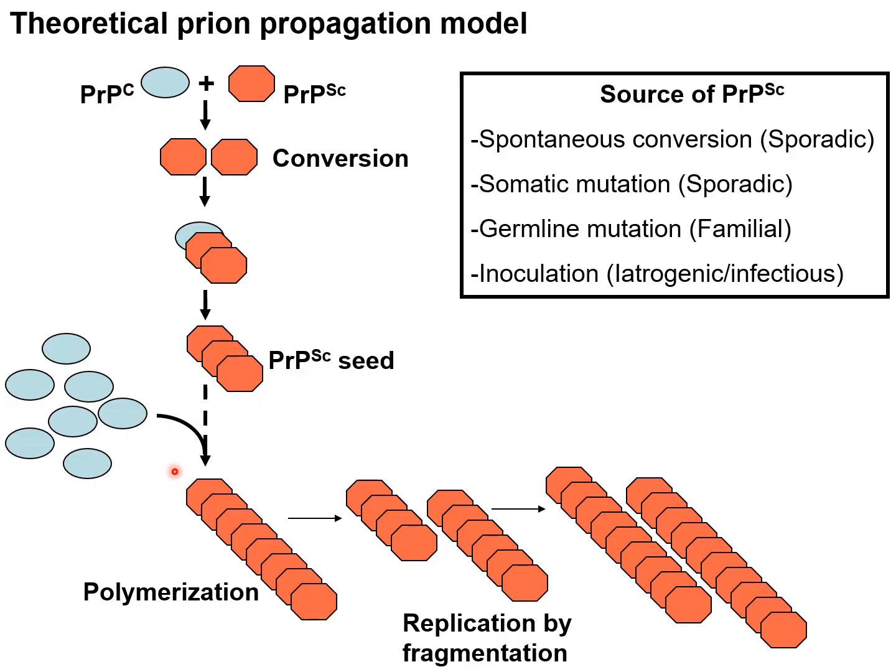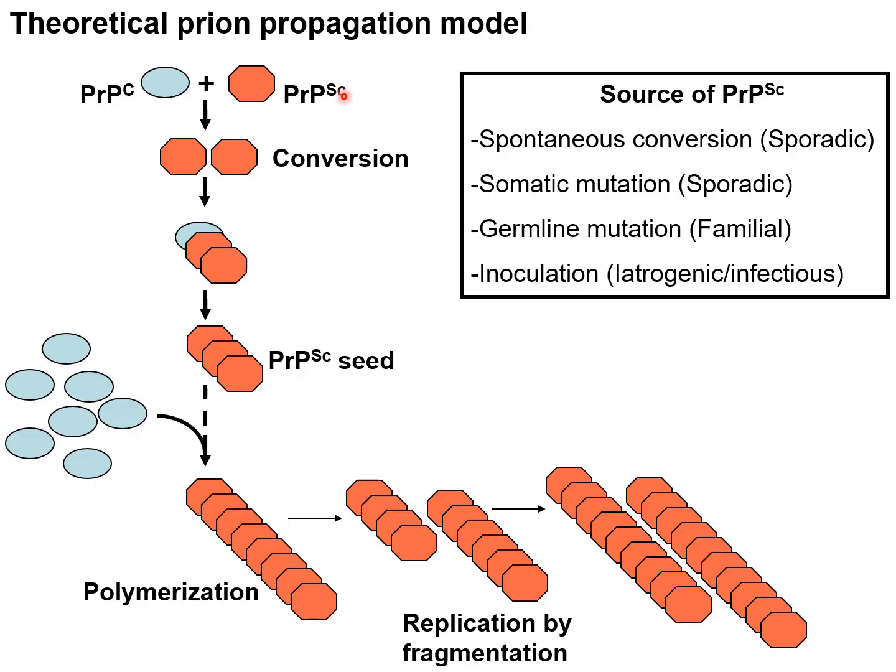This is polymerization. A filament might break up, and so you have what we call fragmentation, so replication by fragmentation. And now these two fragments can become seeded, and you'll have more misfolding of PrPCs into PrPSc, and this keeps going on and on.